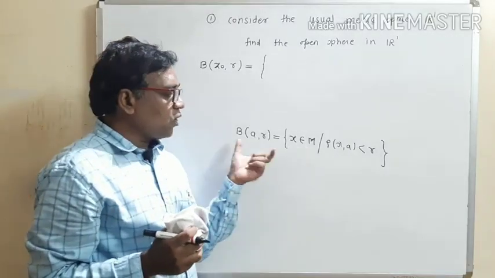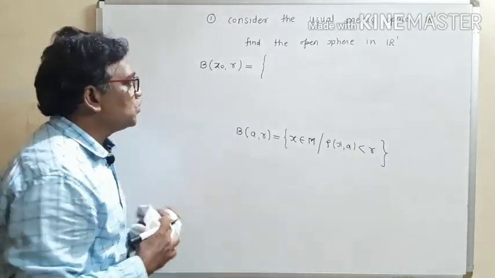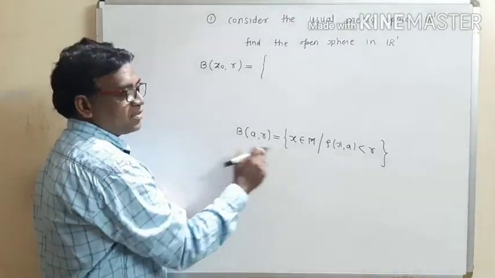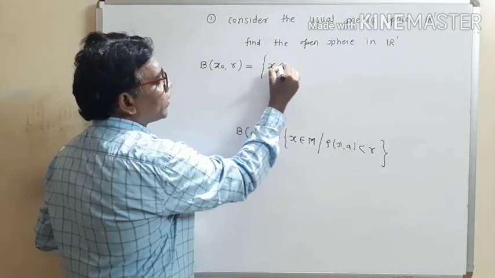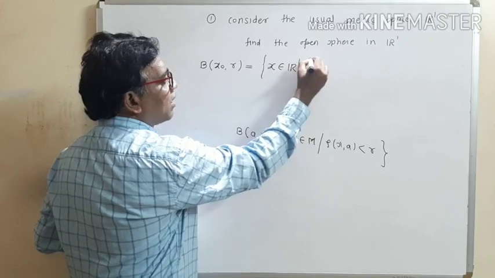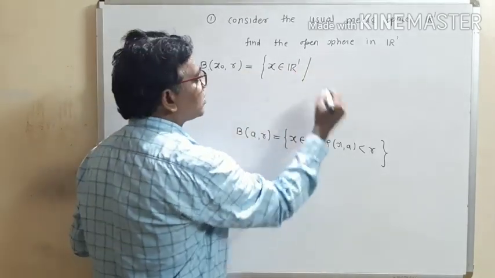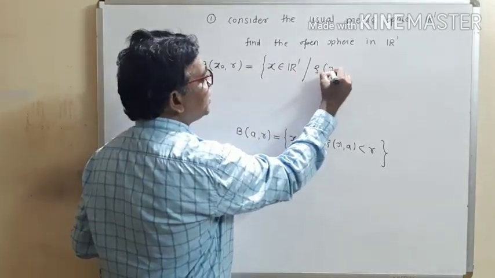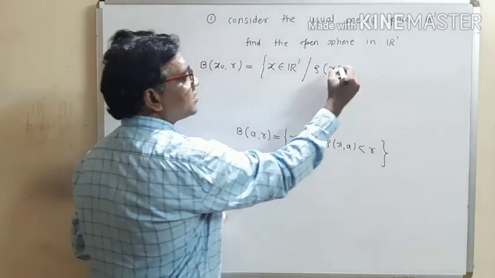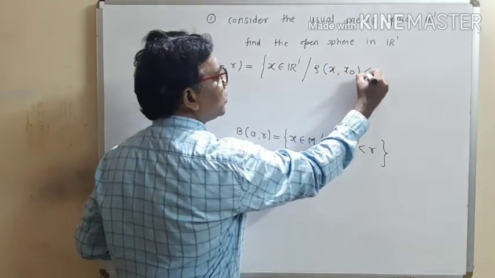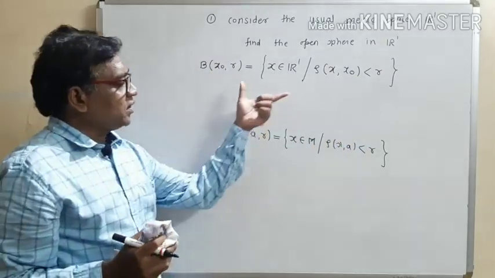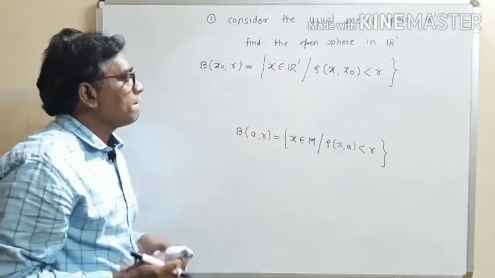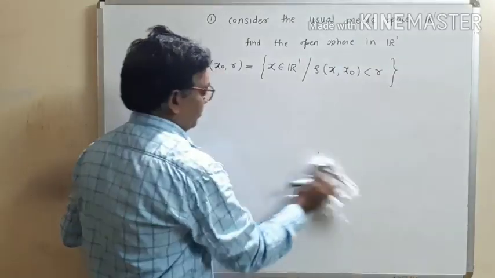So use this definition: find those elements in the metric space R such that the distance between x and the center x0 is less than radius r. This is according to the definition of open ball.